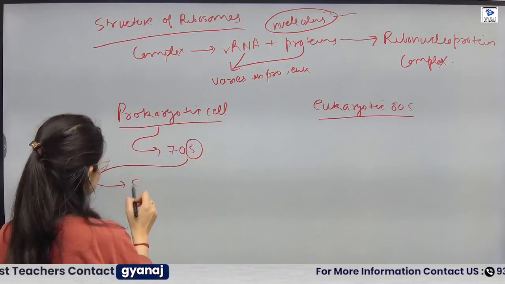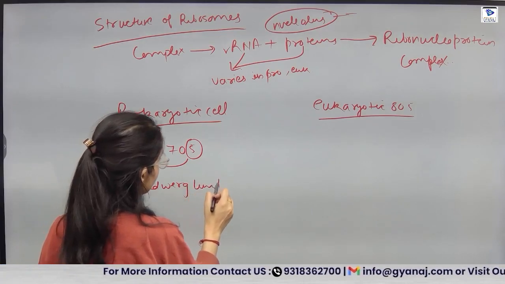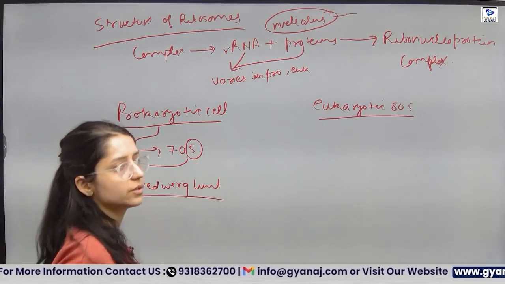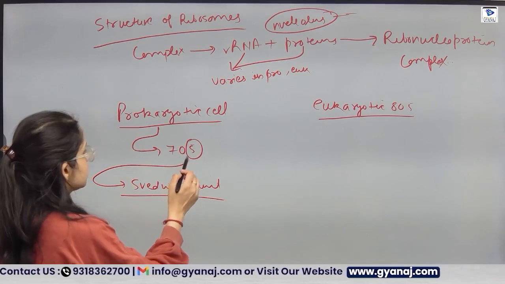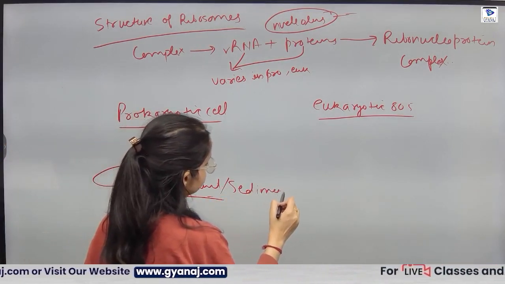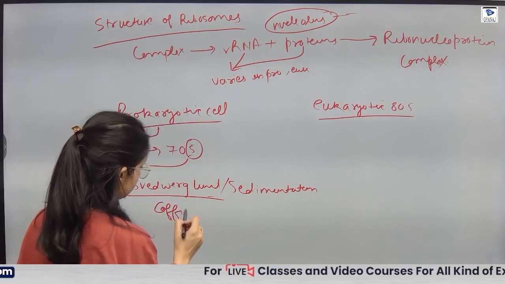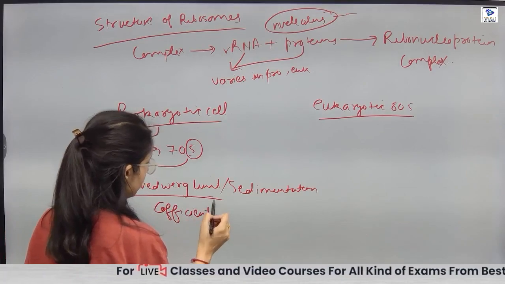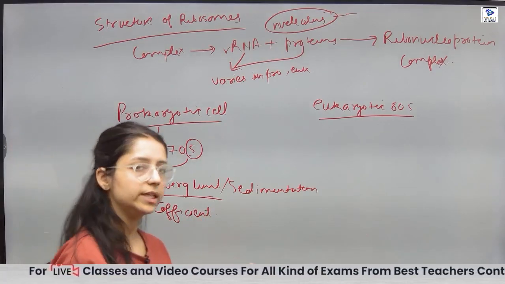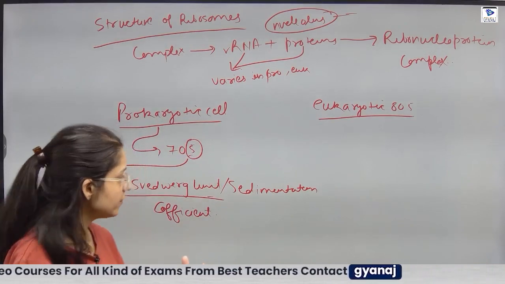What is the meaning of the S? That is the Svedberg unit. It is named after the scientist who discovered this unit, the Svedberg unit, or sedimentation coefficient. Sedimentation coefficient means when they took the units and centrifuged them, what did they find?